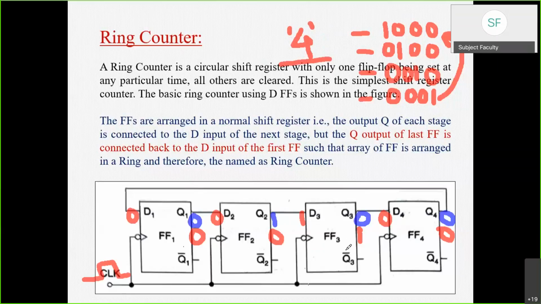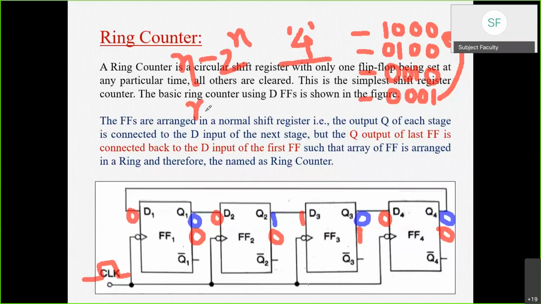In asynchronous, that was different. In asynchronous, what was the formula? For n bits, or n number of flip-flops, how many states were possible? 2 raised to power n in case of asynchronous.